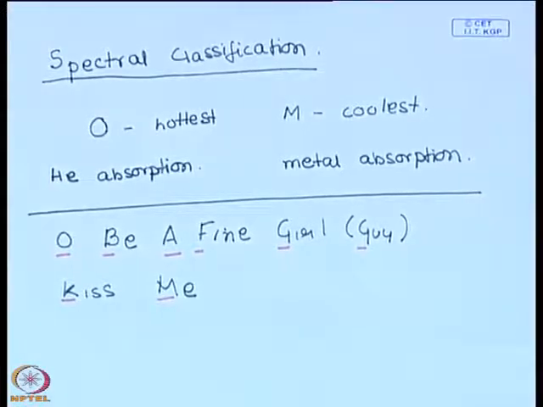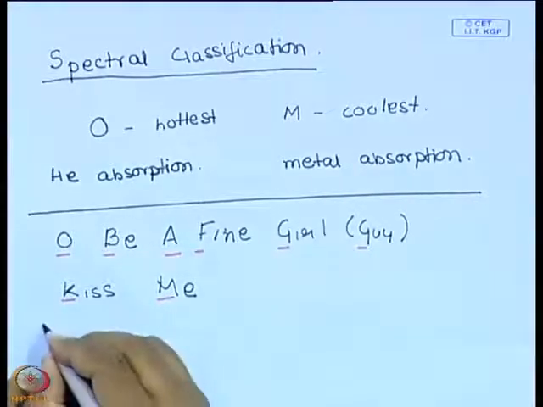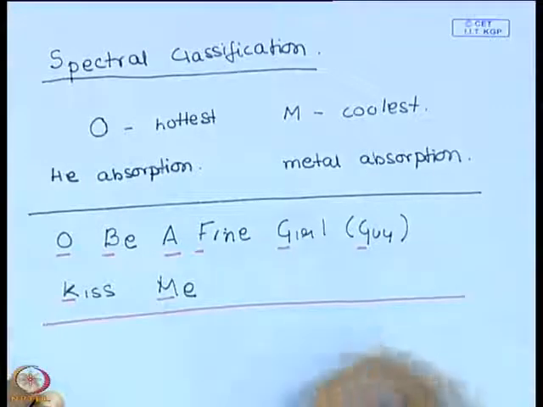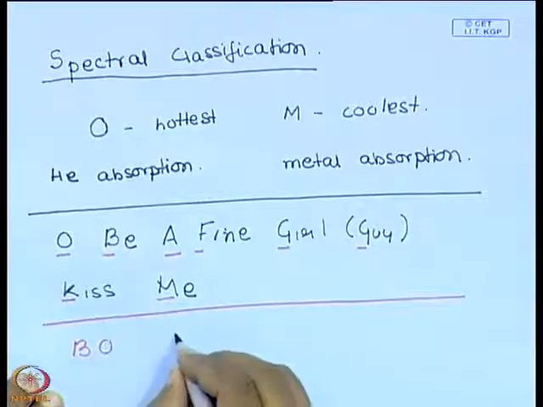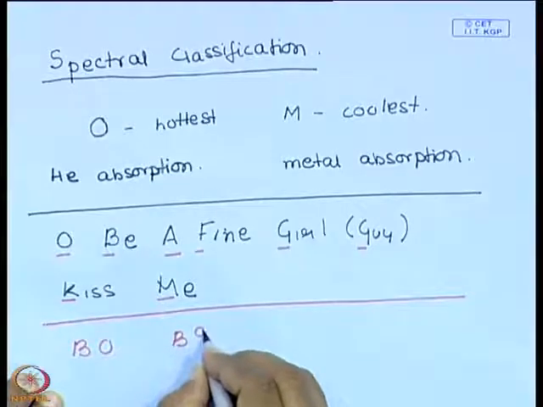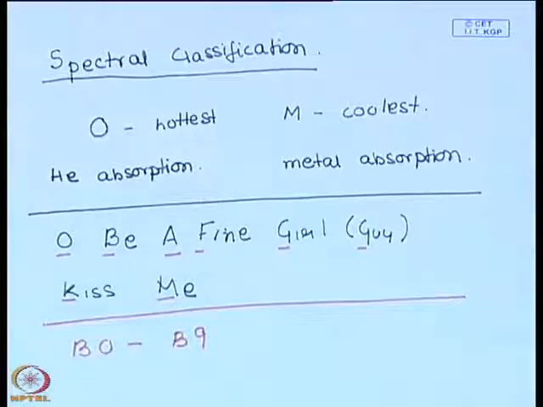There is a further subdivision inside this. So, the B stars, for example, so you can have a sub classification, say B0 to B9. Okay. So, this holds for all of them. So, 0 to 9 is the subclass.